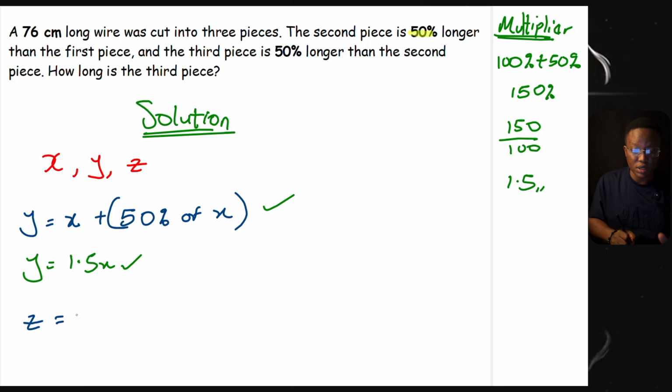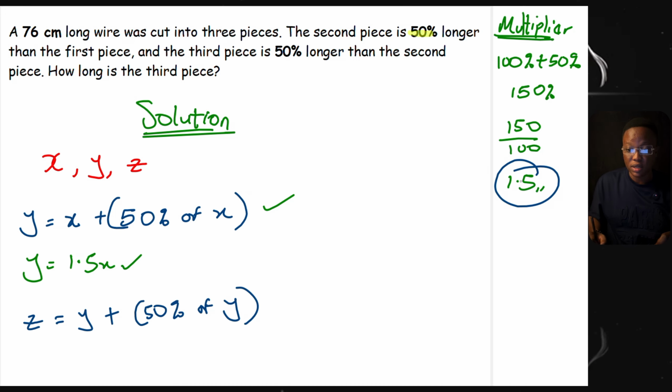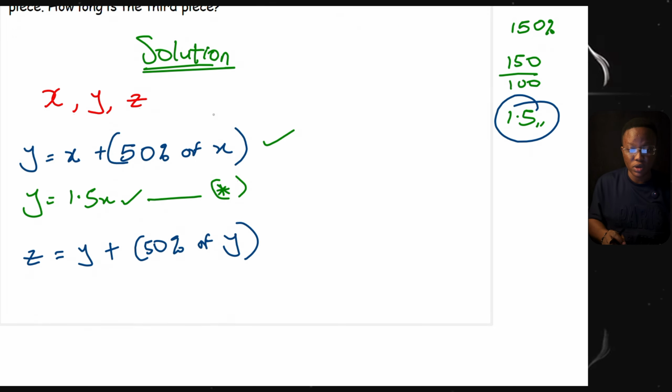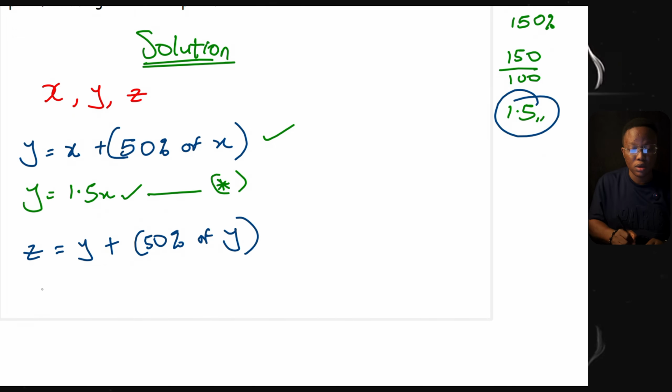So the third piece is Y plus 50% of Y. Again, it's just 50% longer, so we are going to apply the same multiplier and get something like this. But remember that from this equation, let's call it equation star, you can already say that Y is equal to 1.5X. So let's replace Y with 1.5X there.